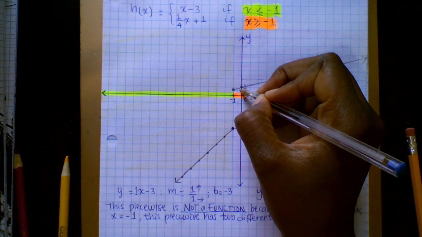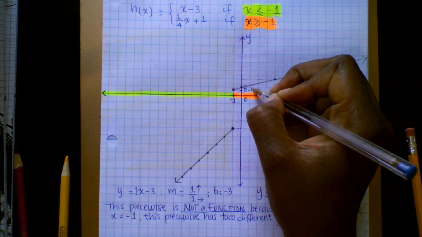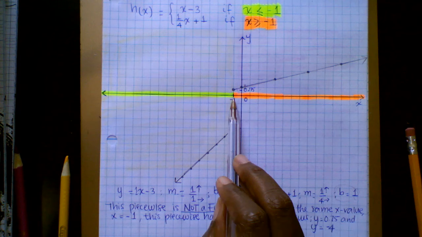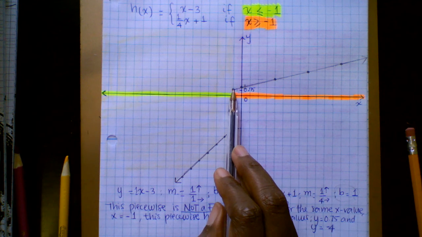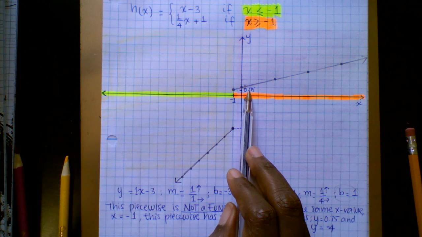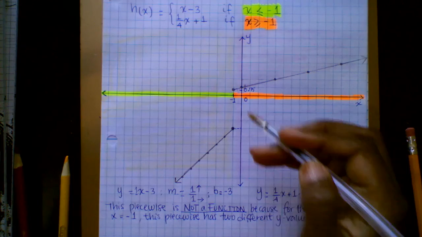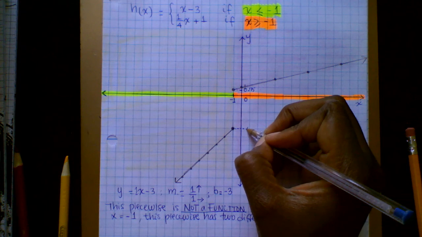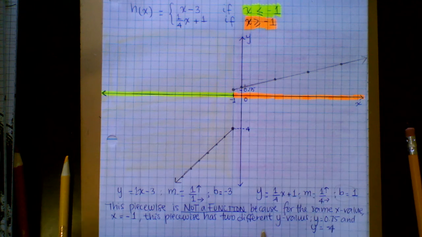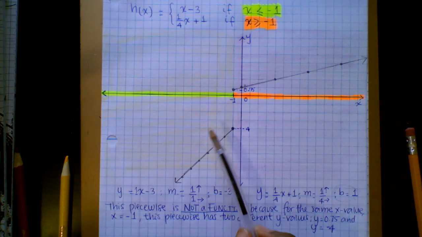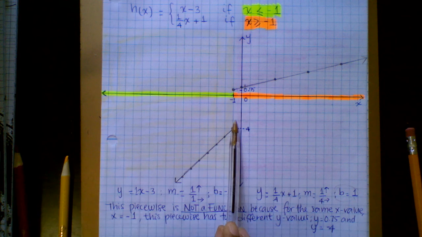I'm going to approximate this one to be, let's say, 0.75. So when x equals -1, the y value is 0.75, as well as -4. For that reason, this piecewise relation is not a function.